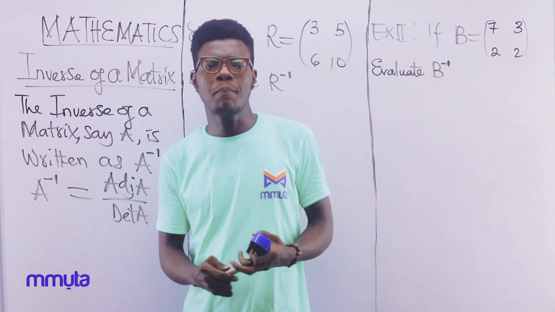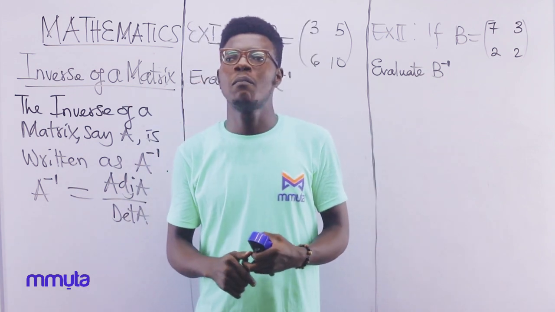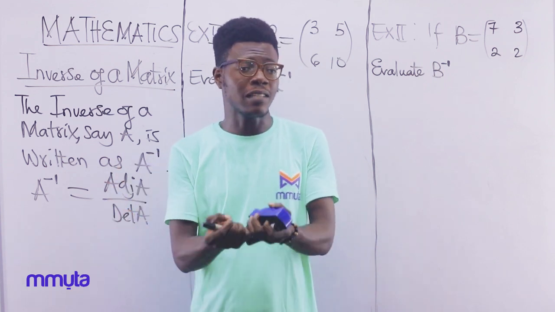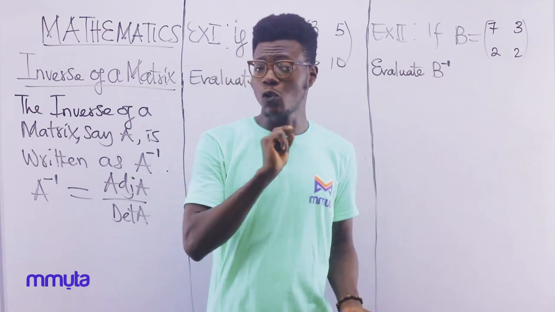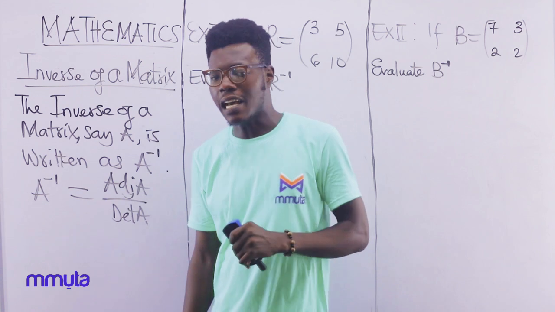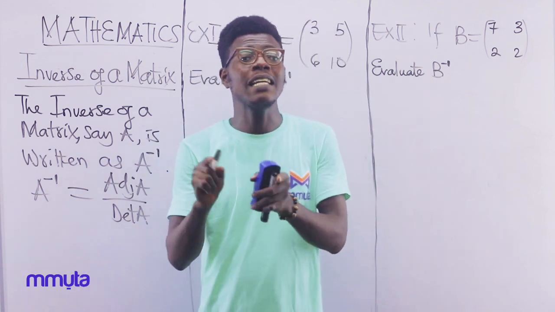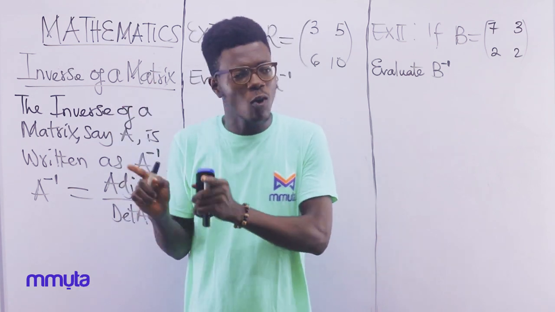But then there is going to be a problem if you evaluate a singular matrix, that is a matrix whose determinant is equal to 0. Getting the inverse is going to be a big problem. The reason is that you can't divide by 0. Of course, in mathematics, we can't get the multiplicative inverse of 0, because 1 over 0 is what?